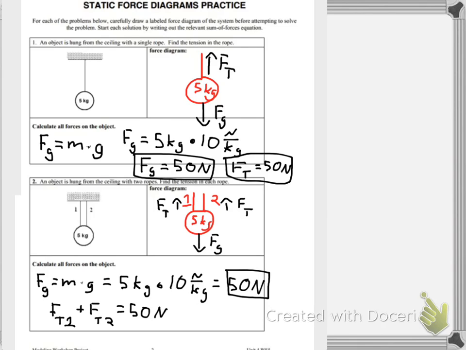And because these 2 ropes are being suspended where they're not at an angle, we know that the tension in each will be the same. So if we divide 50 newtons by 2, we will get 25 newtons is the tension in each rope.